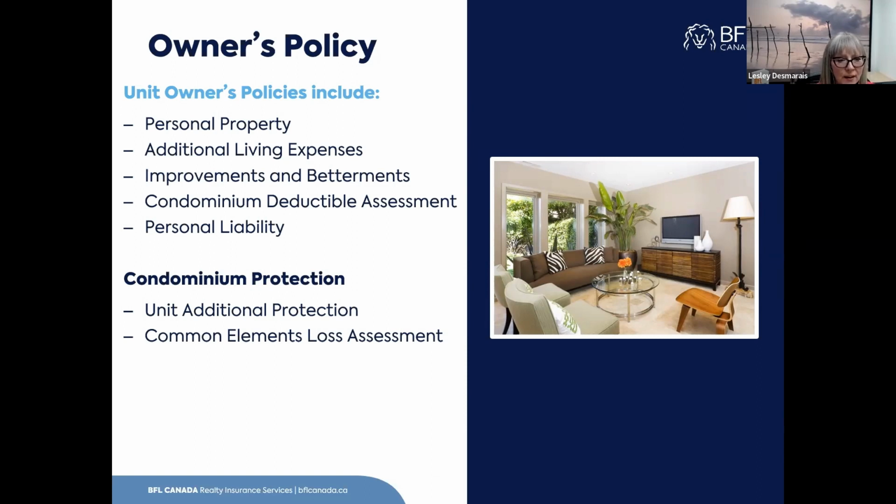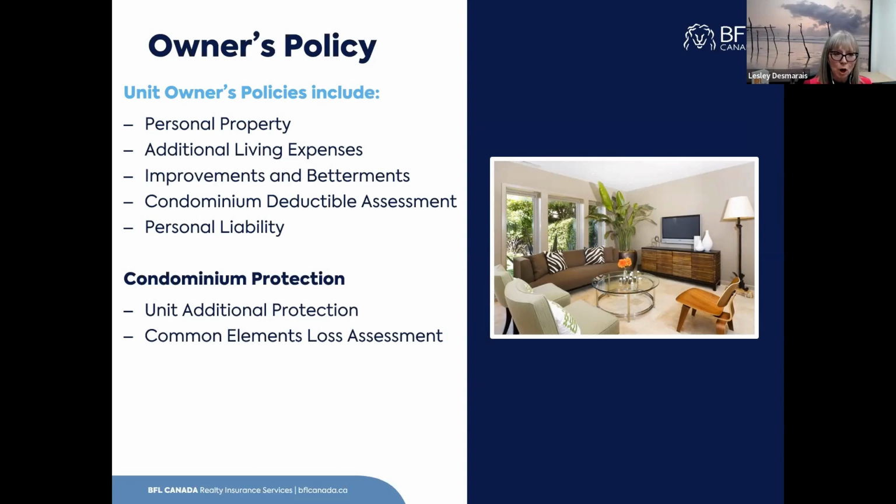Say there is a high deductible for a sewer backup in your building, and the sewer backup deductible is $100,000, and the board could assess back that $100,000 deductible.